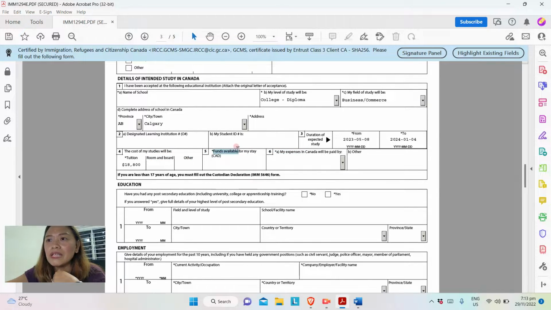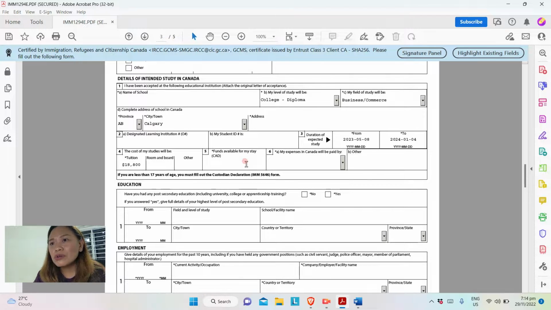And then funds available for my stay. This will be the total liquid, only the liquid cash that you have for your application. And it has to be converted into Canadian dollars. For the proof of funds, I will have to make a separate video on that because it's also a very complicated topic. But the funds available for my stay would be whatever cash money that you have.